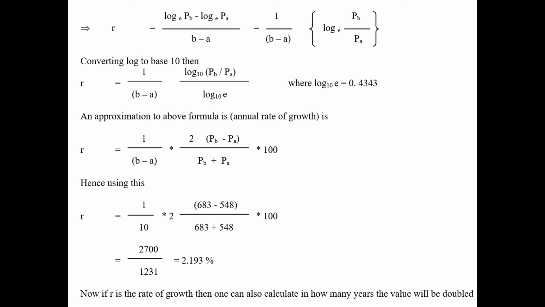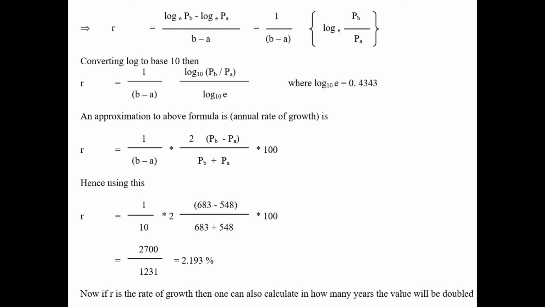So the approximation to the formula, that is the annual growth rate, works out to be 1 over (B minus A) into twice (PB minus PA) over (PB plus PA) multiplied by 100. So using this formula, the value works out to be 2.193%.